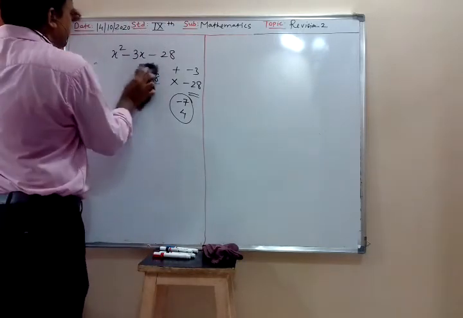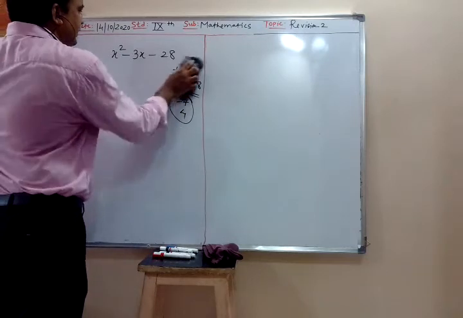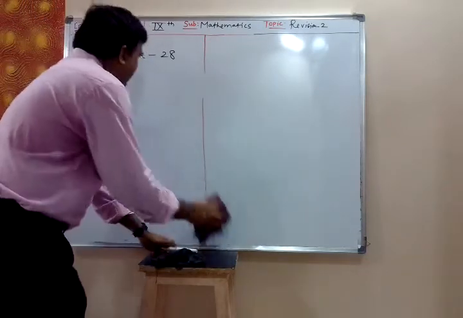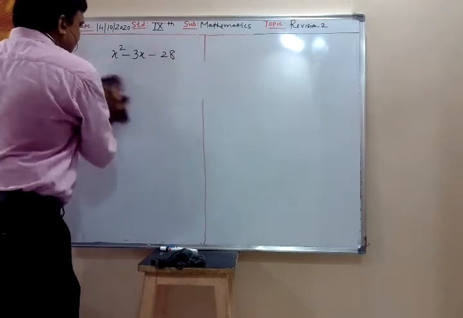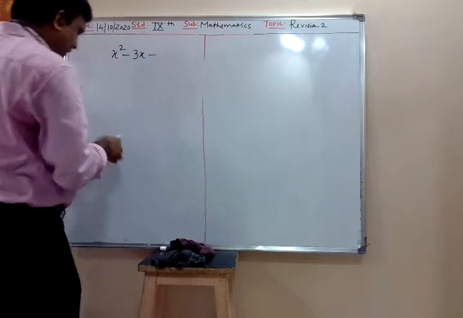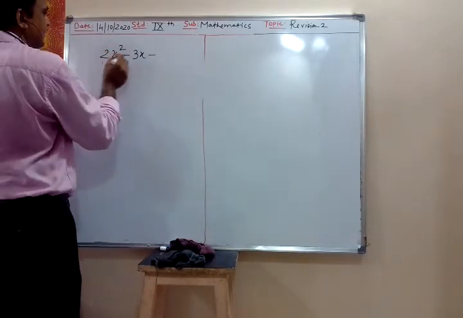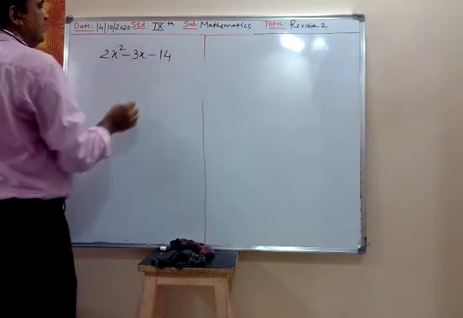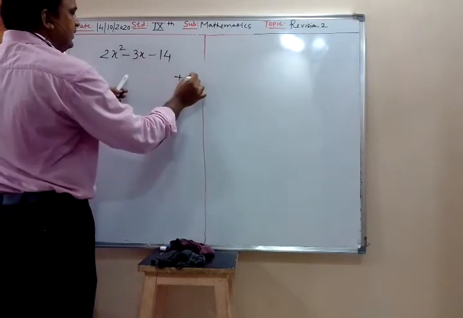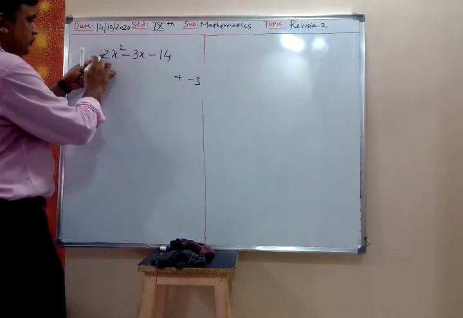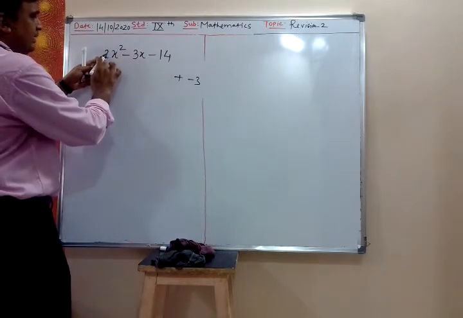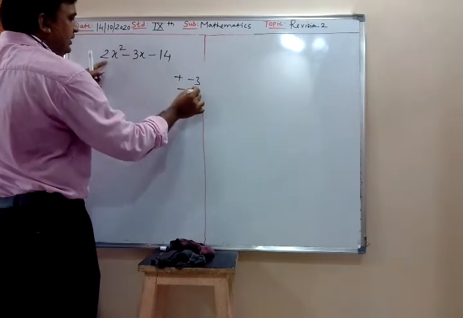No problem. Even if 2x square is there, let us take the same example. For example, if it is 2x square minus 3x minus 14, now find two numbers whose sum is minus 3 and multiplication is 2 into minus 14, that is minus 28.